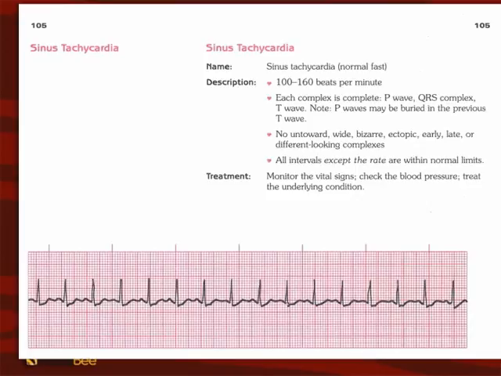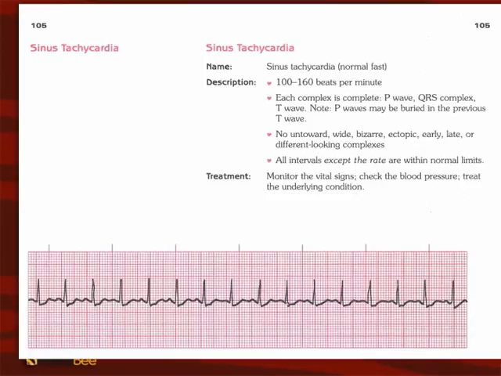We'll make sure that they seem to be regular in appearance, that there's a P wave, that there's a QRS complex, that there's a T wave. There's nothing weird or bizarre about it, except that it is faster. And the only thing that falls outside of within normal limits for normal sinus rhythm is the rate.